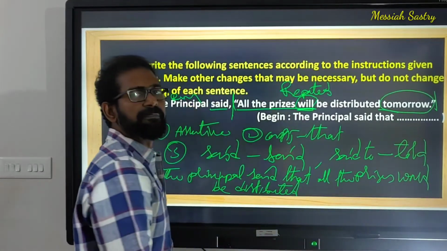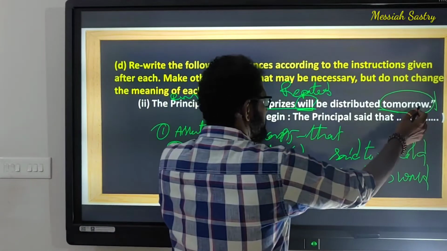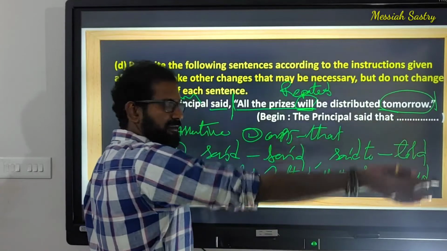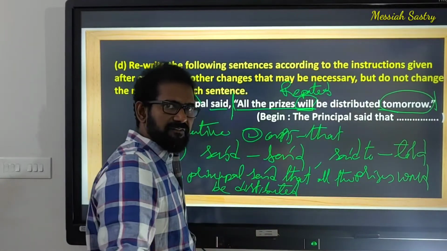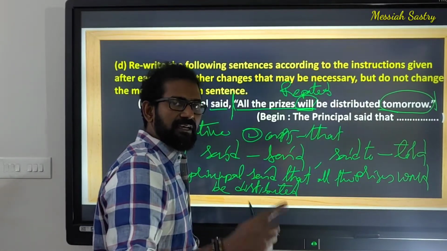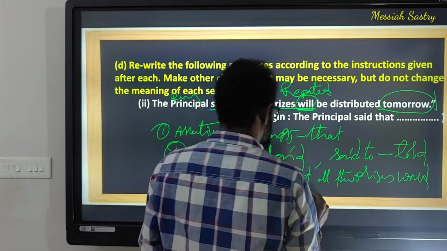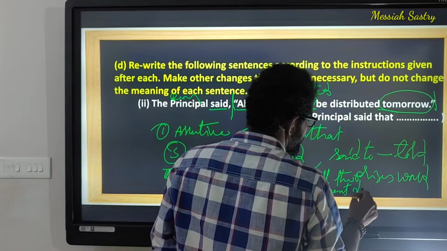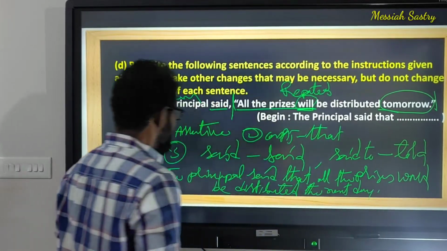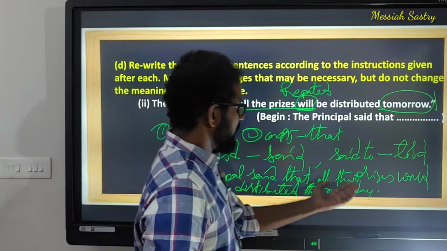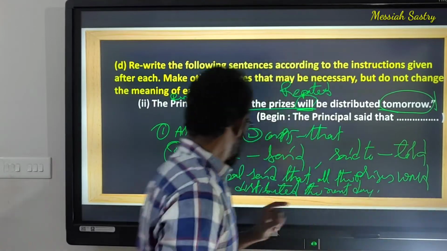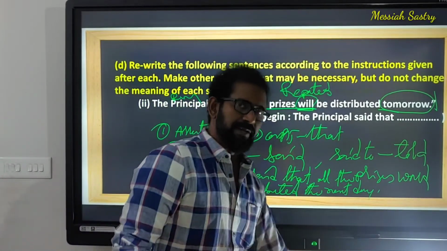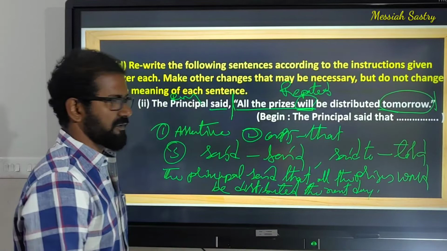The adverb of time is supposed to be changed: tomorrow becomes the next day or the following day. You can write the next day or the following day. The principal said that all the prizes would be distributed the next day or the following day.